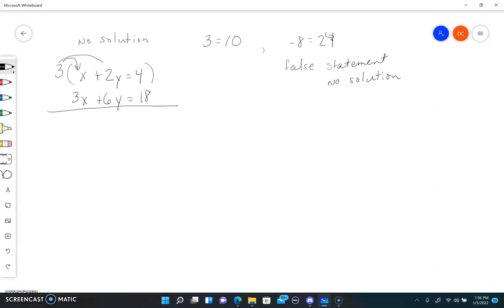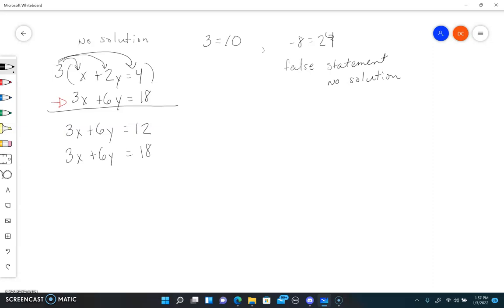So I'm going to do that to eliminate my x's. So 3 times x is 3x plus 3 times 2y is plus 6y equals 3 times 4 is 12. And I'm going to rewrite my second equation: 3x plus 6y equals 18.